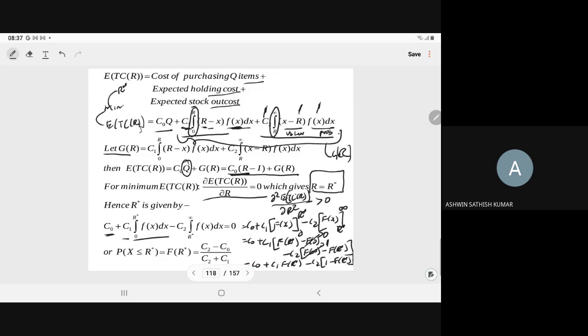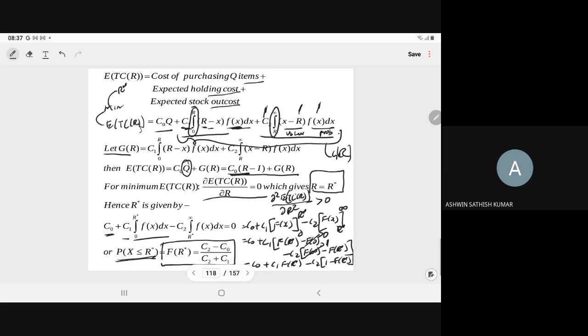It is equal to 0. So when it is equal to 0, F of R star will be what? It is C2 minus C naught upon C1 plus C2, right? And F of R star is what? It is the probability that demand x is less than or equal to R star.